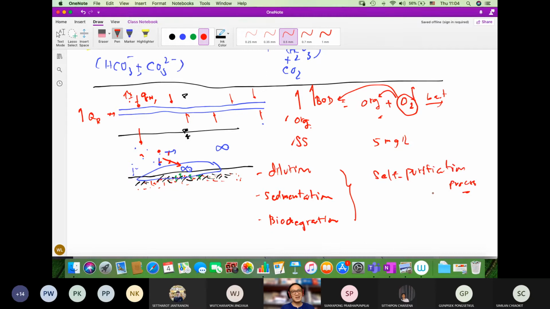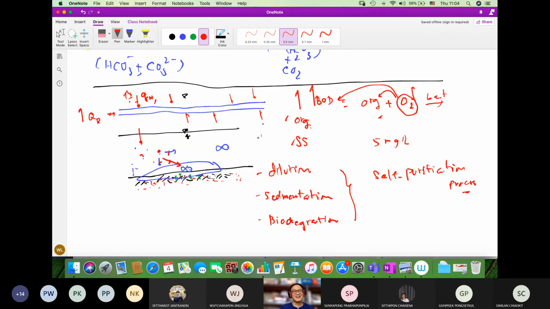But some small rivers or small streams may not be capable of handling a lot of waste entering that stream. Just think about the Saen Saep Canal. It's also just like this, a small canal. It's big somehow, but not that big.